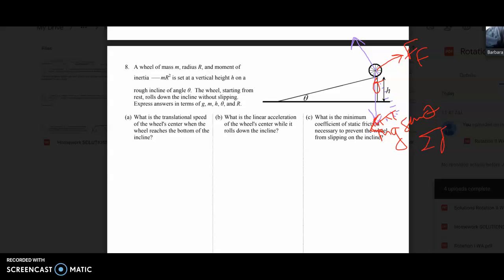So if sum of F equals ma and there's no acceleration, then mg sine theta would equal the force of friction. And what that means is that the wheel doesn't accelerate with respect to the plane. So there's that.